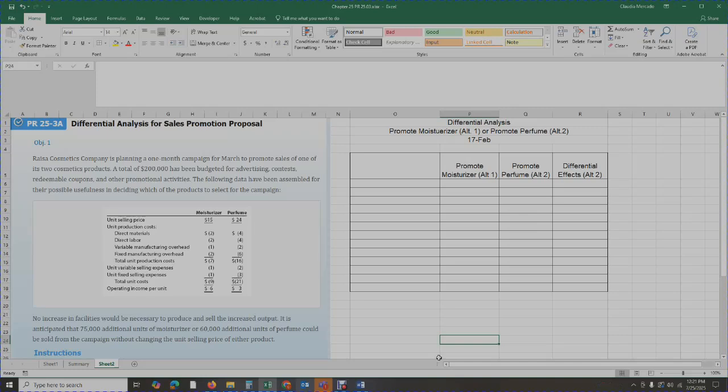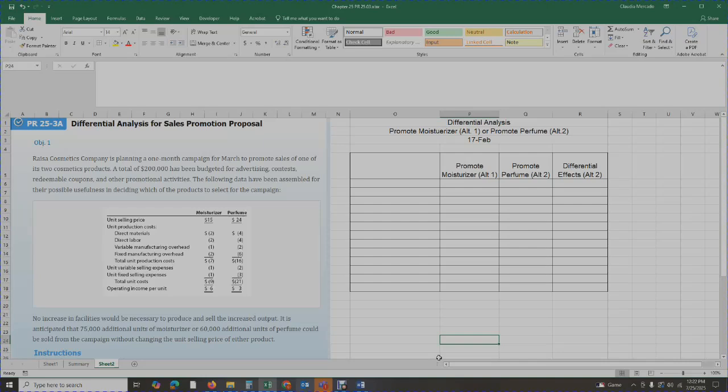And then we have the two products. We have the moisturizer and we have the perfume. The moisturizer is sold at $15, the perfume at $24. Then we have our unit production cost. This is to manufacture the products. We've got materials of $2 for moisturizer, $4 for perfume. The labor is $2 for moisturizer, $4 for perfume.